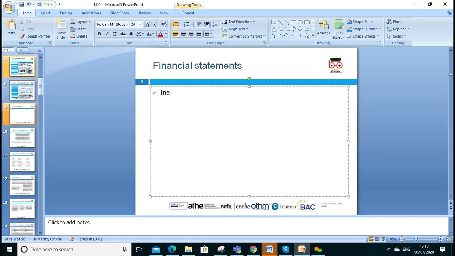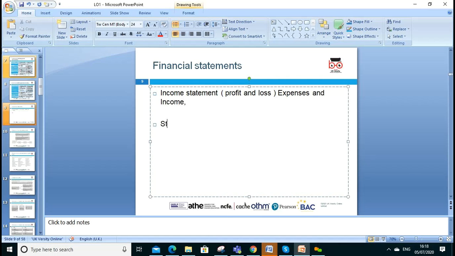First we call it the income statement, also known as profit and loss. If you want to show expenses and income, it means profit or loss, and you can find it through this statement.